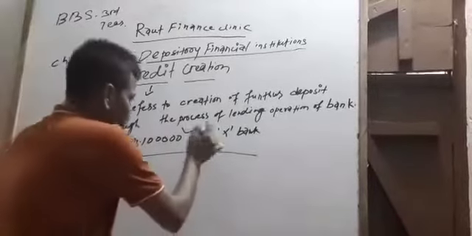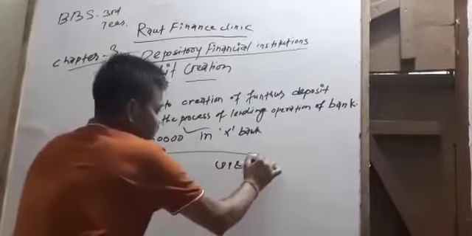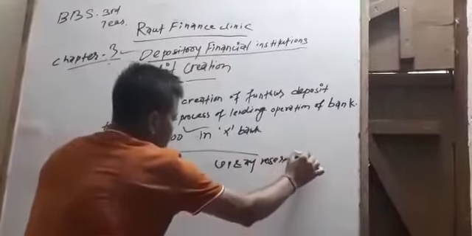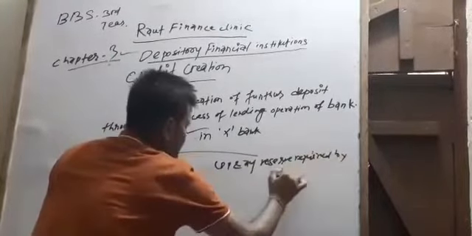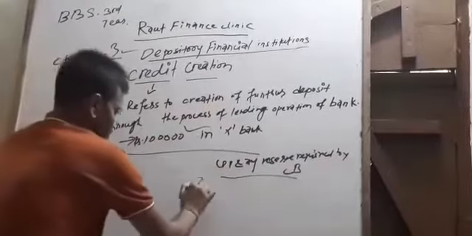Suppose it is CRR and any other reserve required by the central bank, we assume that is 20%.